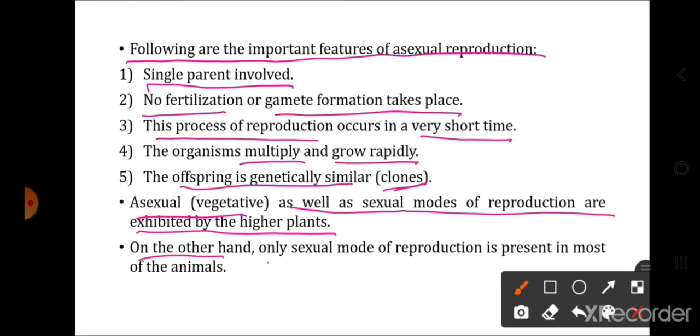So in higher plants both methods take place, but in most animals only the sexual mode of reproduction takes place.